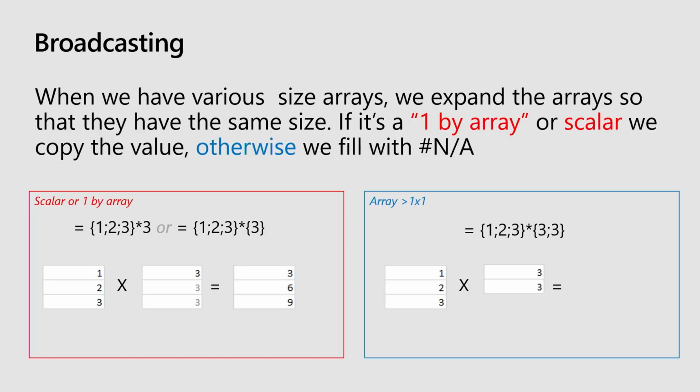Okay, so pairwise. If we have an array that is not 1 by, we don't know which element to copy down. So what we do is we just put #N/A there, and then we multiply it across in a pairwise fashion. So we get 3, 6, #N/A. And that's called broadcasting.